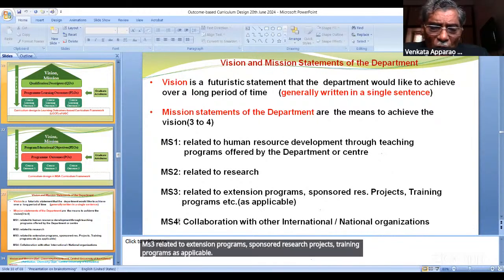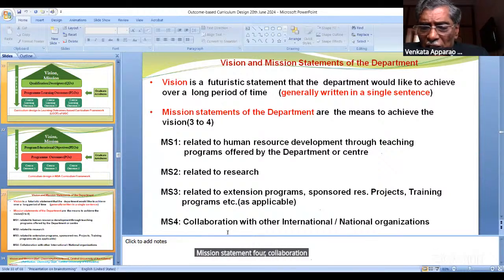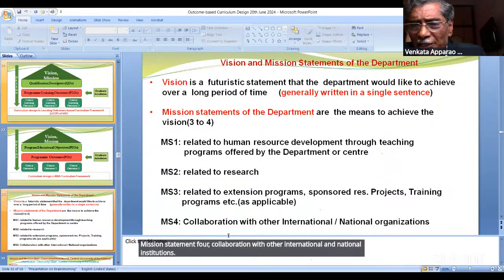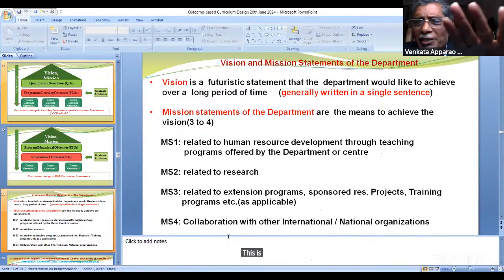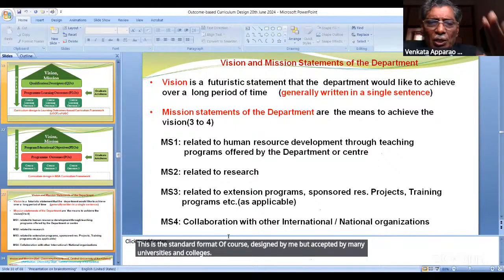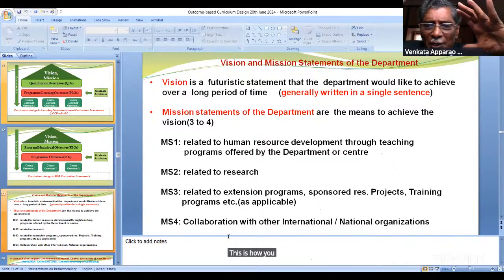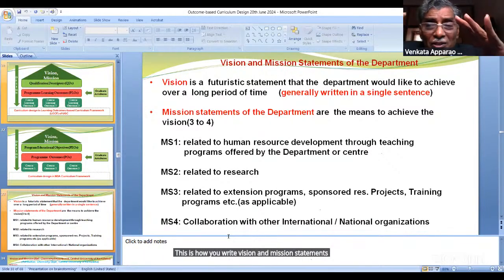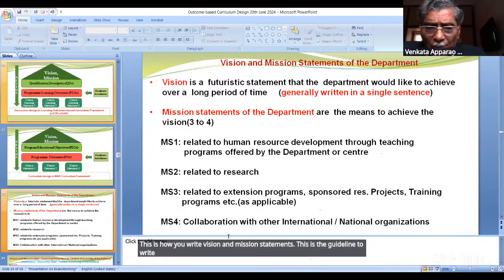Mission statement 4 is collaboration with other international and national organizations. This is the standard format, of course designed by me, but accepted by many universities and colleges. This is how you write vision and mission statements. This is the guideline to write vision and mission statements.